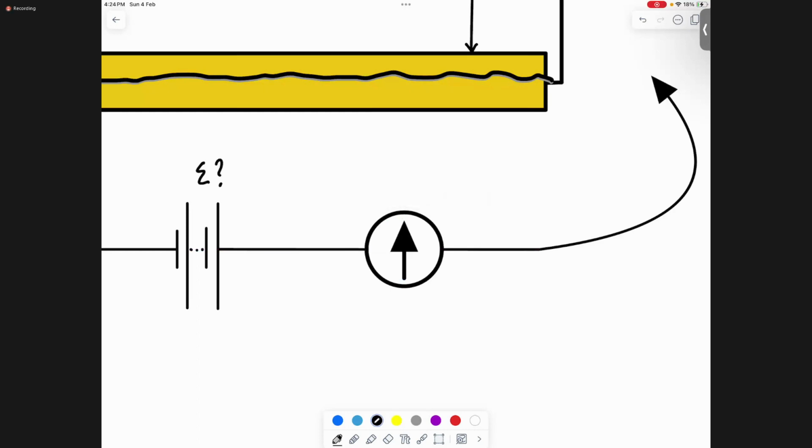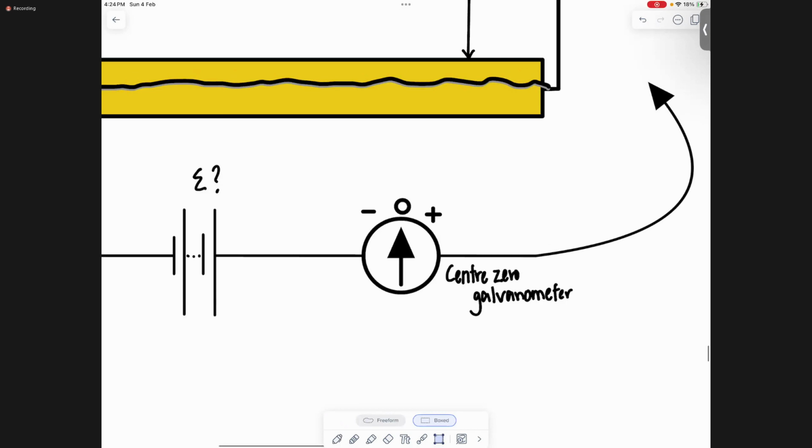and what happens is that on this side you have plus and on this side minus and this is zero. So the name of this galvanometer is center zero galvanometer. It's called the center zero galvanometer. So what is the center zero galvanometer? It's essentially, of course, a galvanometer, right?